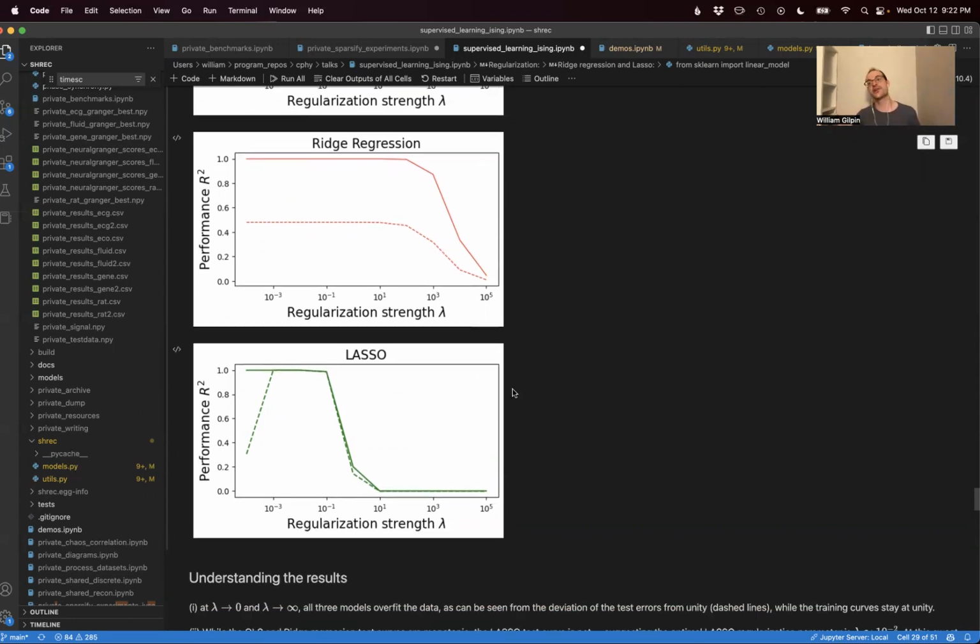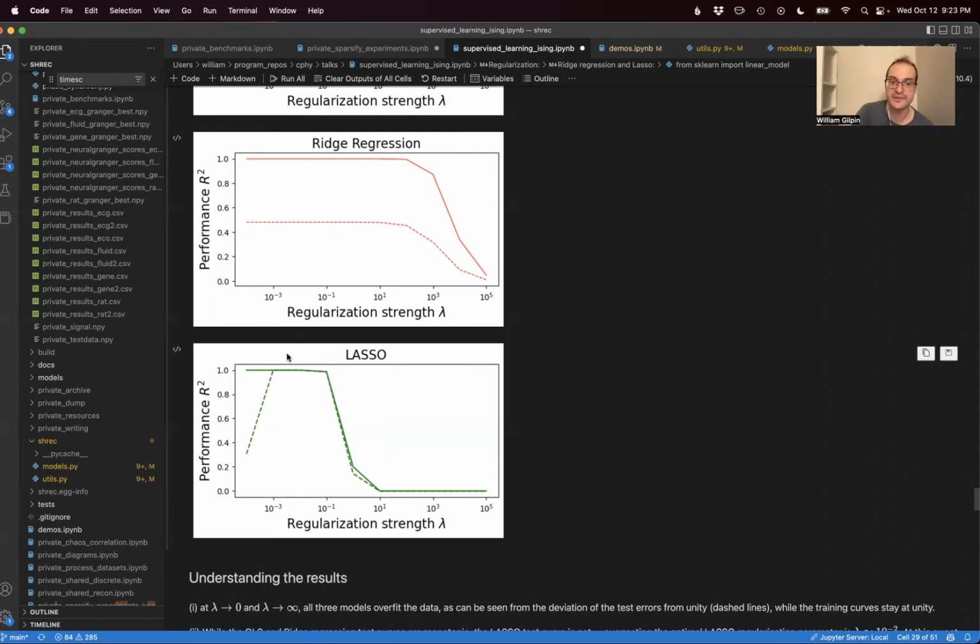Lasso shows me what I want to see. For lasso, my test error starts out being higher, or equivalently, my test accuracy starts out being lower than my train accuracy. However, there's this magical regime in lambda where my hyperparameters are tuned just right.